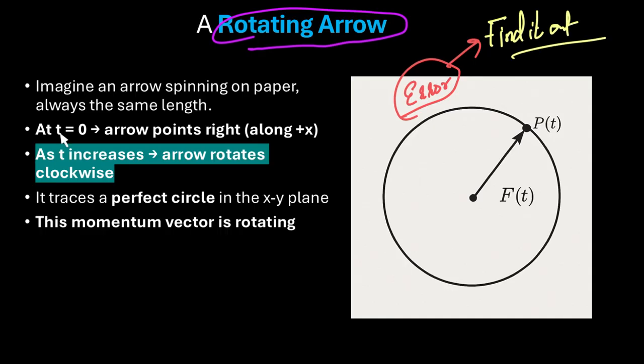Now, at t equal to 0, the arrow points towards the right, like this. As t increases, the arrow rotates clockwise. It traces a perfect circle in the xy plane. This momentum vector is rotating, and it would be rotating with its magnitude being equal to 1. Of course, in which plane? In the xy plane.